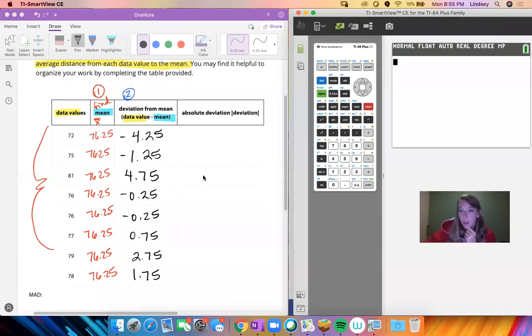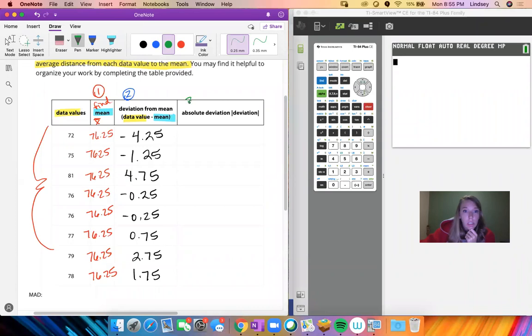Okay, so that took way longer than it should have for me. Little technical difficulties. Well, it's not the last step. They left one of the steps out, but it's okay. So now we're going to take the absolute value of those. Absolute value means just make it positive. In the simplest way I know how to explain it, just make the number positive.